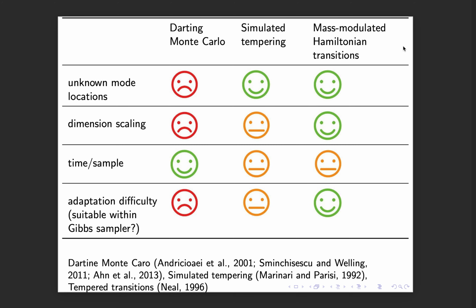In terms of how readily the method can be adapted for a given distribution, darting Monte Carlo is again at a disadvantage because the independence Metropolis-Hastings sampler has to be constructed only after approximating the target distribution by, for example, a mixture of normal distributions.